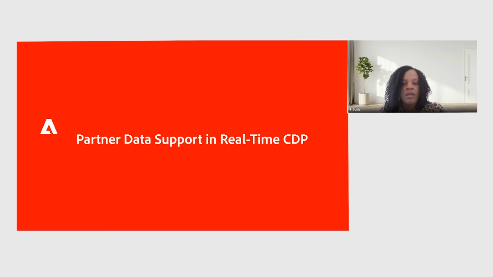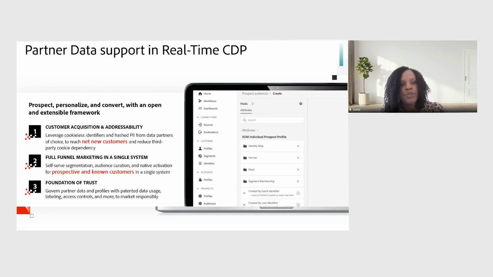Okay. So let's pivot to the specific ways Adobe's real-time CDP supports partner data. The CDP offers a very flexible framework that allows our customers to work with a data partner of choice. It's worth pointing out now that the platform is partner agnostic, if you will, so it can work with whichever data provider you're working with and take in those identifiers.